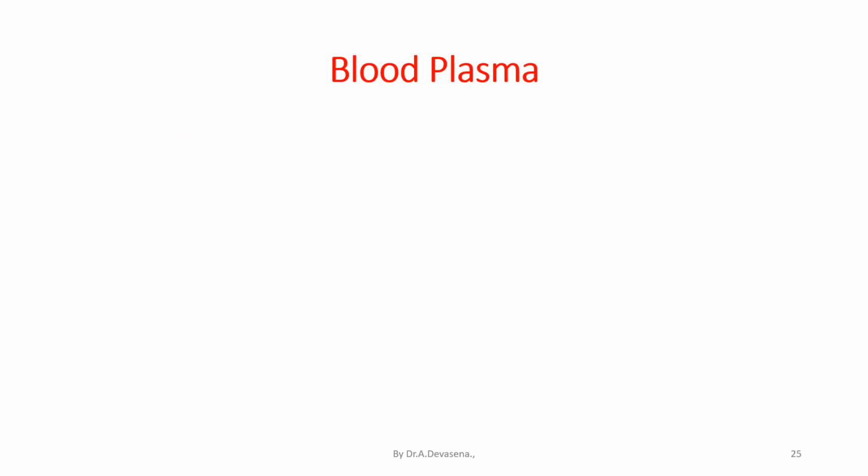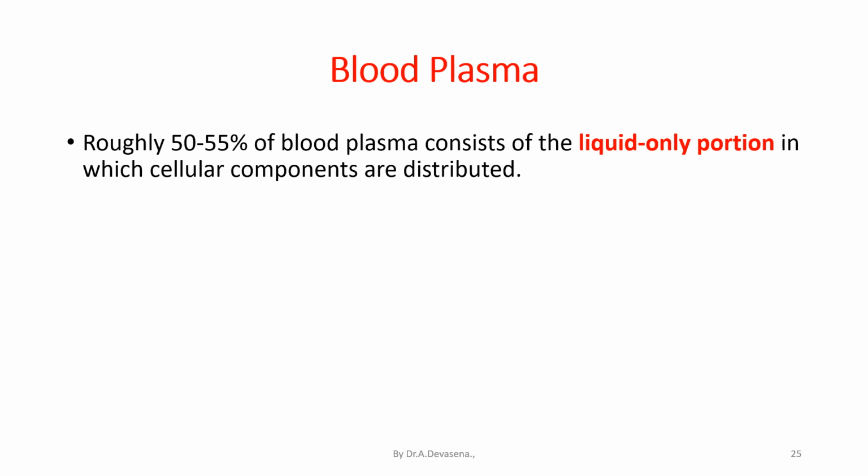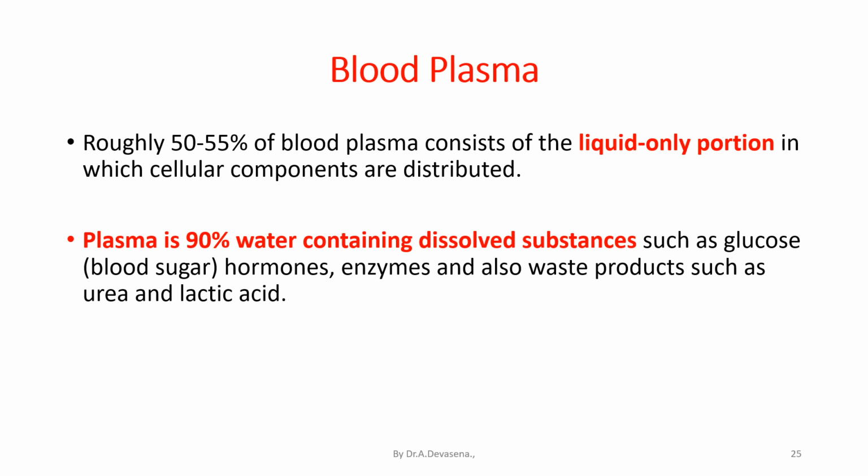Now we see about blood plasma. Roughly 50 to 55% of the blood consists of plasma, the liquid-only portion in which cellular components are distributed. Plasma is 90% water containing dissolved substances such as glucose, that is blood sugar, hormones, enzymes, and also waste products such as urea and lactic acid.